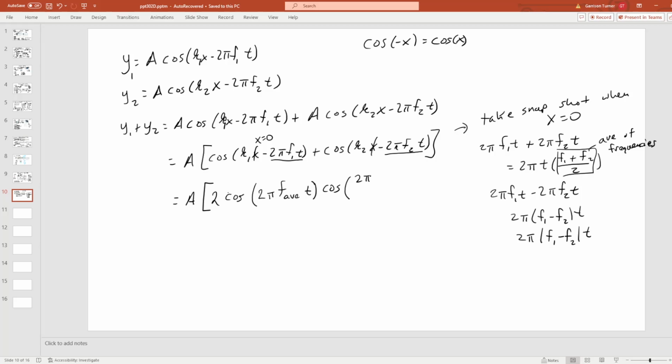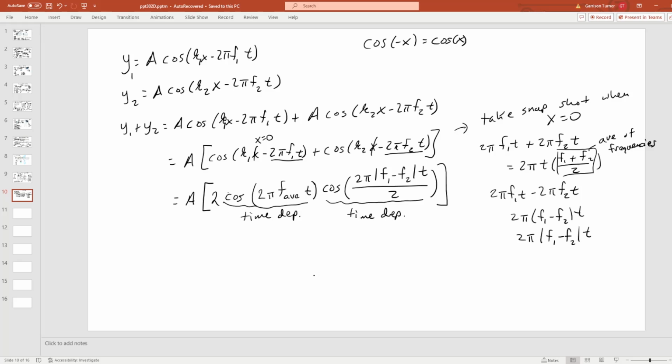So this is 2 pi times f1 minus f2. And this just ensures that it doesn't matter which one is bigger, f1 or f2. All you're really interested in is the positive difference between them. And then, of course, that gets divided by 2. So this cosine part of your expression is time dependent, but this is also time dependent.